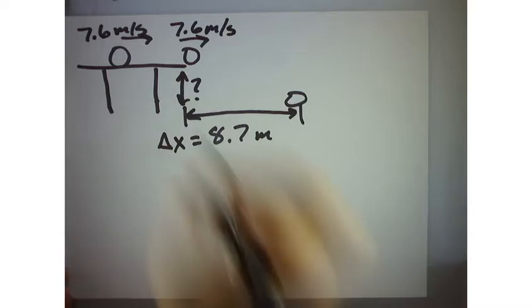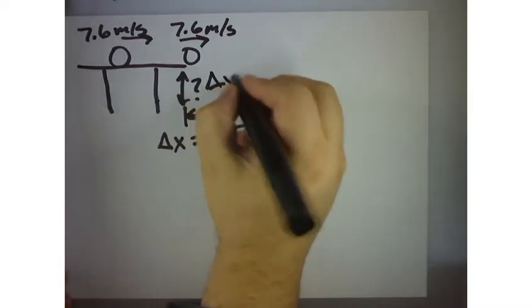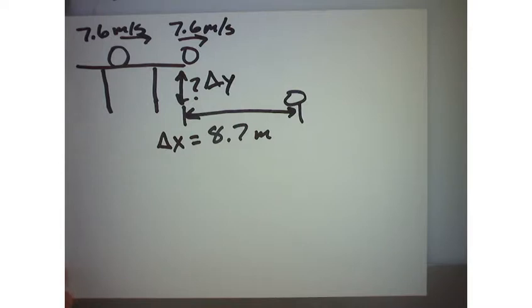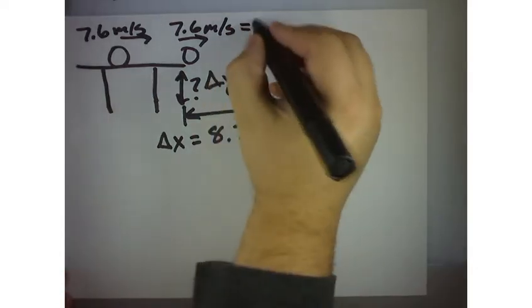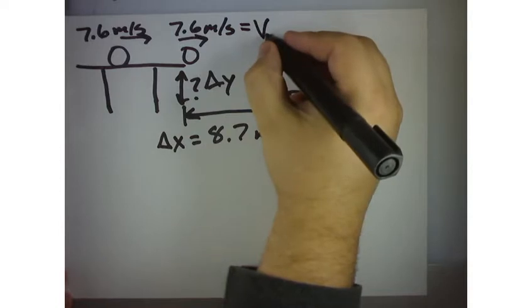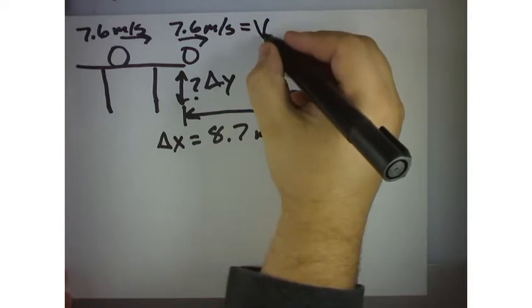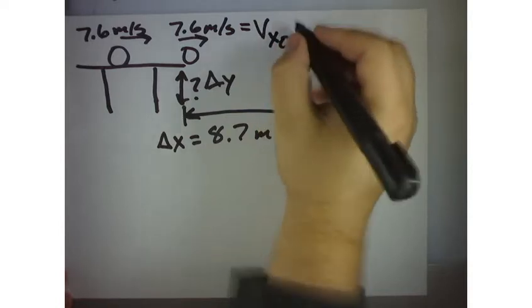Delta y. So that's what we're looking for, is delta y. What is 7.6? It's the velocity, right? In which direction? X direction. So it's the initial velocity in the x direction.